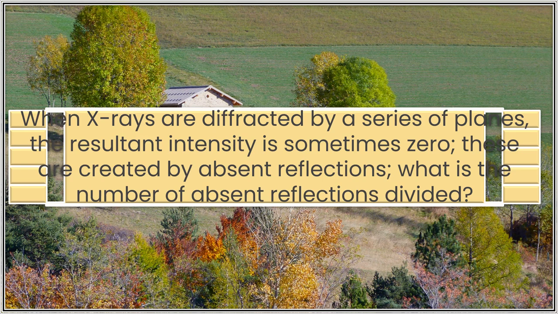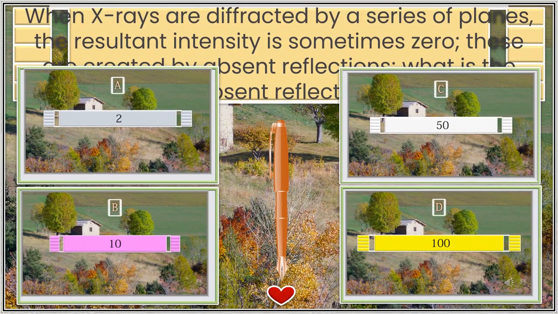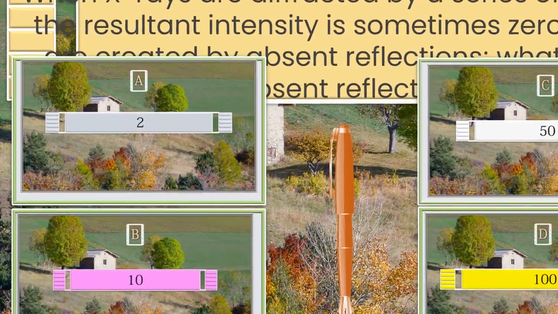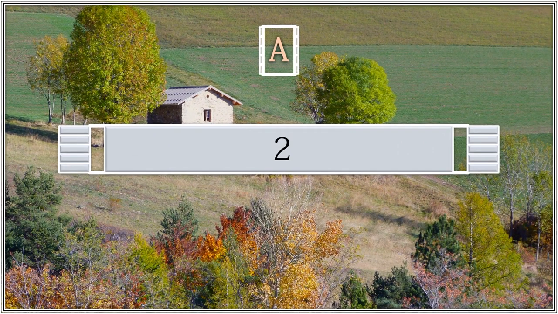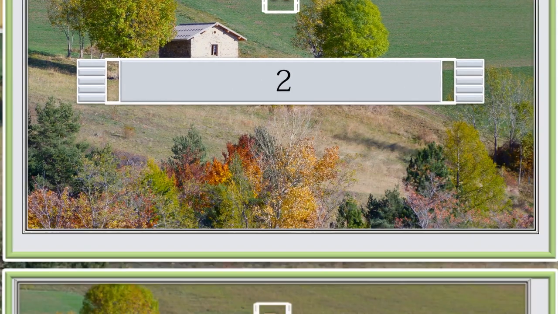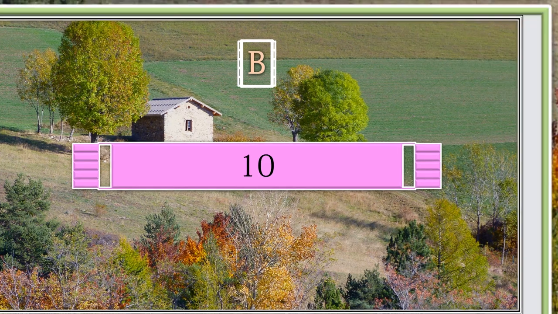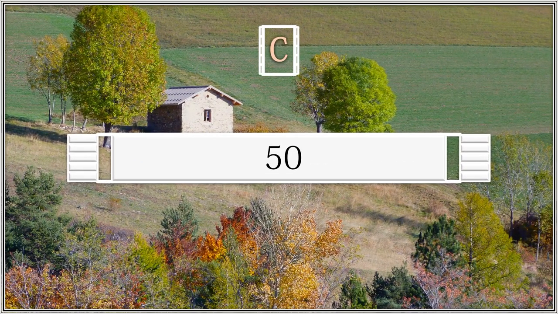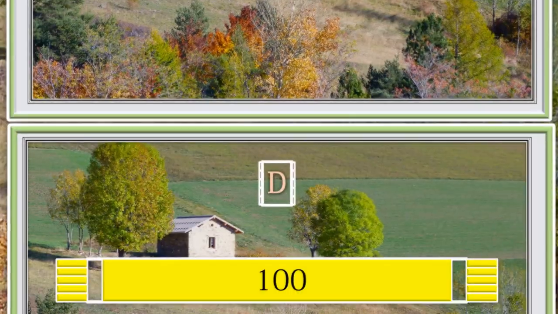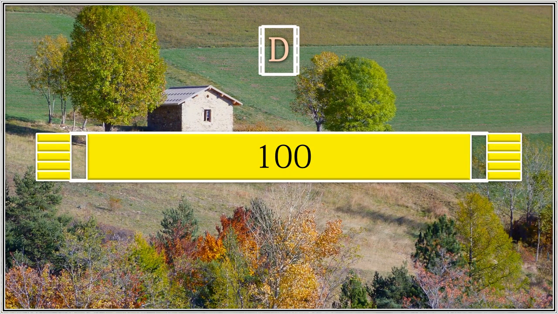What is the number of absent reflection divisions? 2, 10, 50, 100.